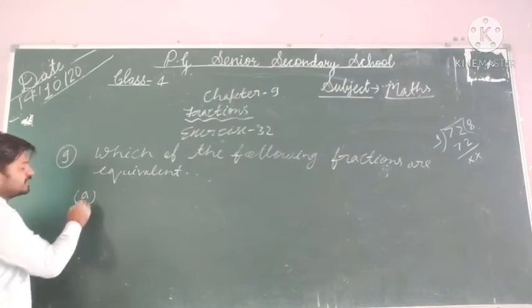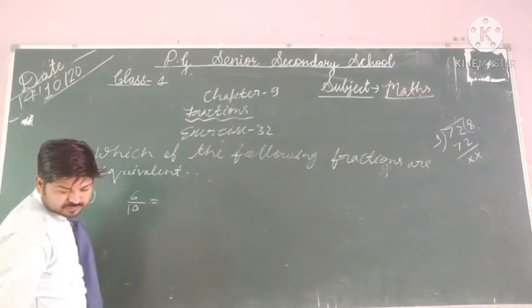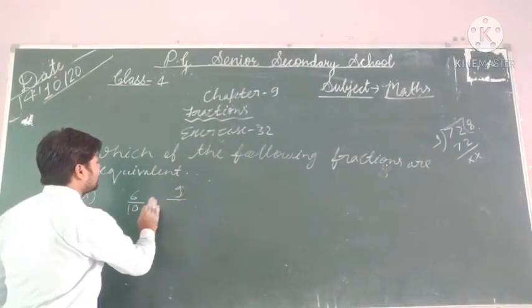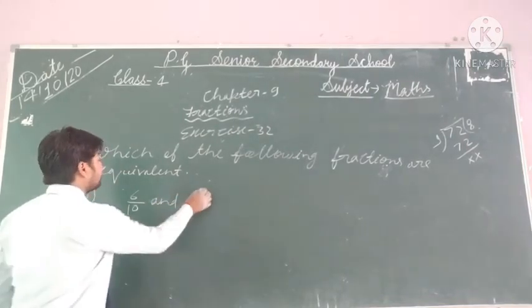So first question is this: 6/10 equals to 9/15.